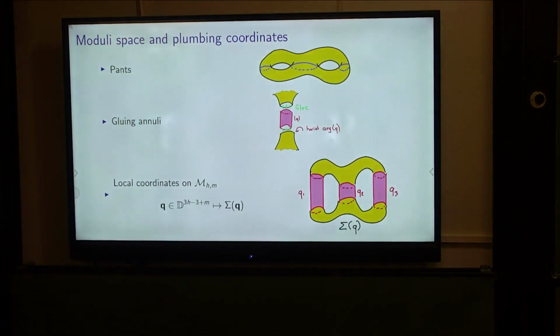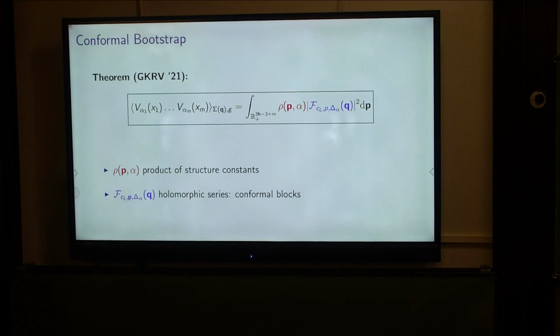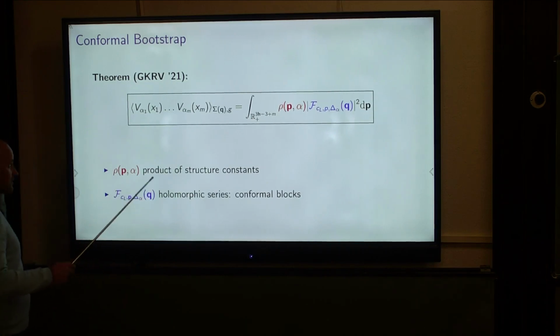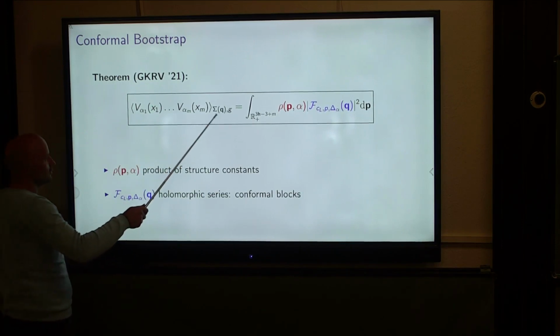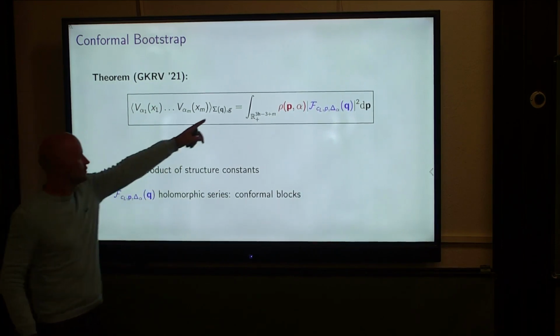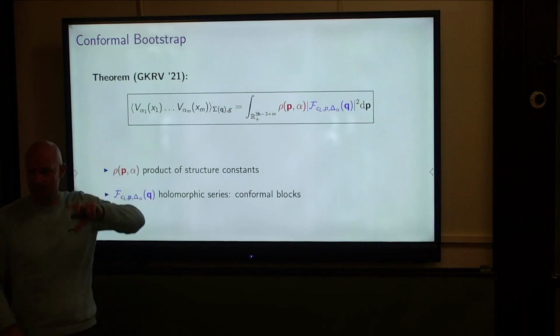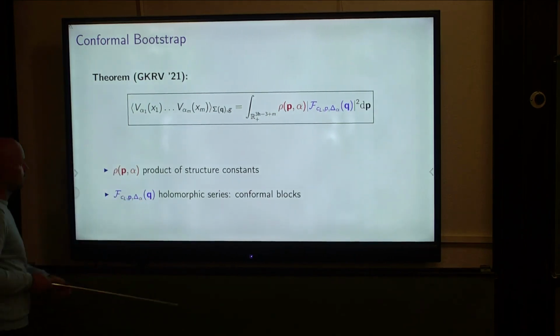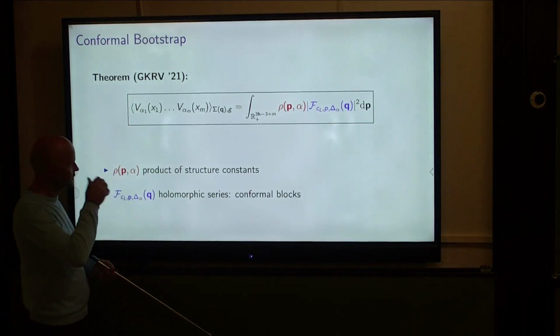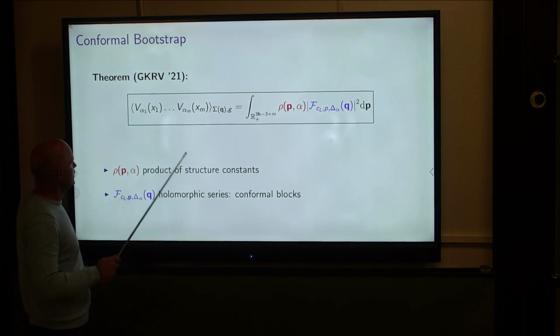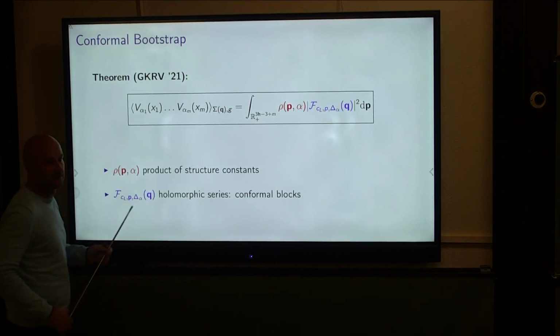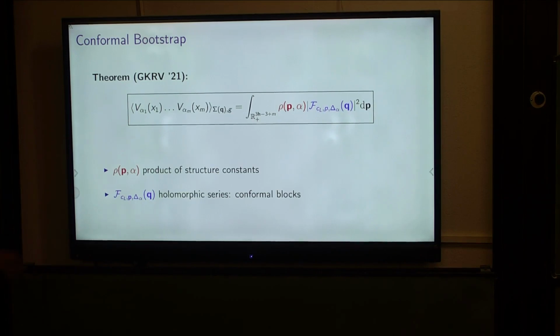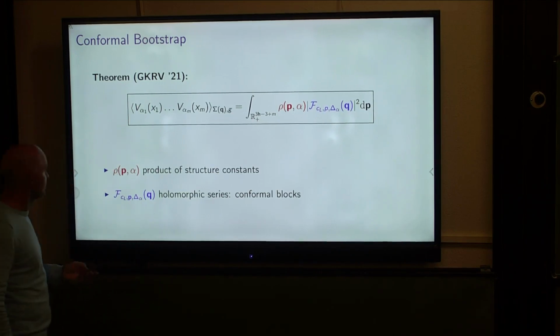Okay. So now the conformal bootstrap tells you that if you look at the correlation function on a Riemann surface Sigma_q, where q means that we have an annulus parameterized by q plugged in the neighborhood of some given Riemann surface, the points here, I remember Scott once asked about the points, you leave them fixed.